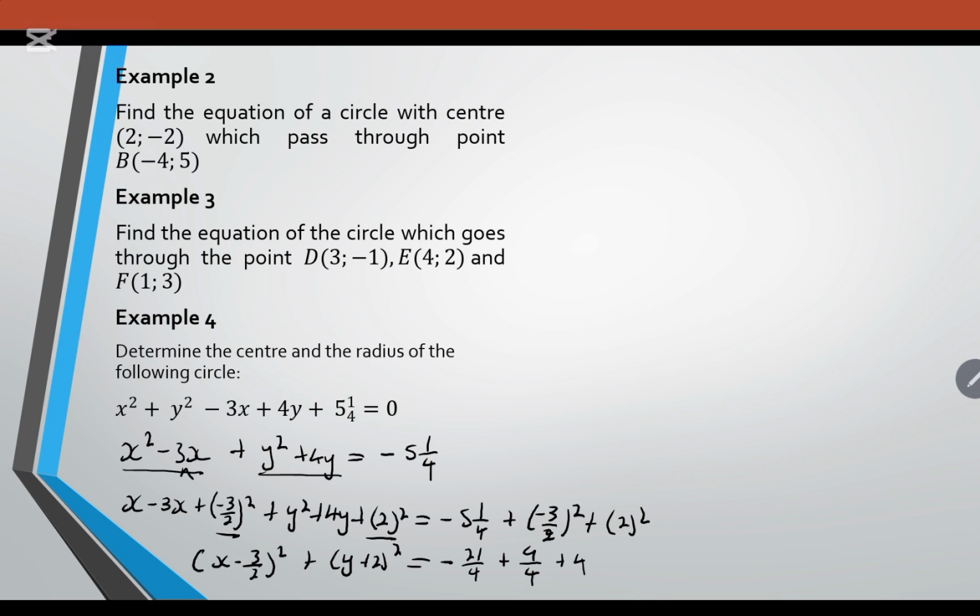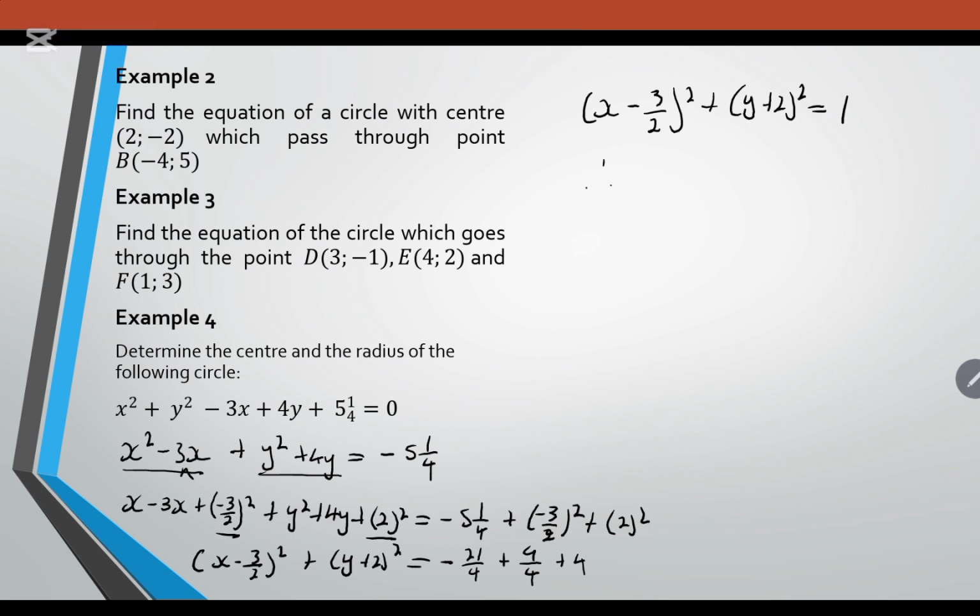And we simply add those numbers: negative 21 over 4 plus 9 over 4 plus 4. That will give us 1. So in other words, the equation is x minus 3 over 2 squared plus y plus 2 squared is equal to 1.